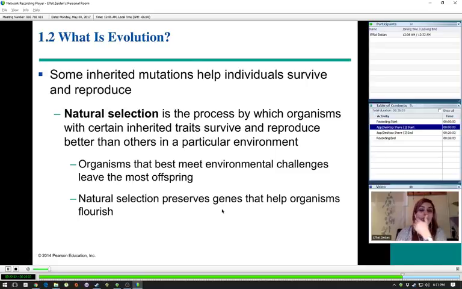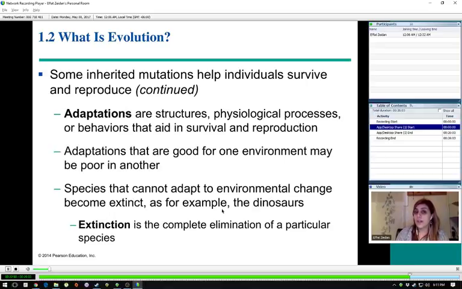So as time passes, there's going to be an overproduction of organisms that are able to survive a particular environment, and those who are not will become extinct. So organisms that best meet these environmental challenges leave the most offspring. They will reproduce and pass on their inherited mutations, and natural selection preserves these genes that help the organism's process.